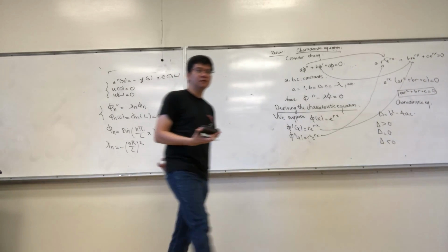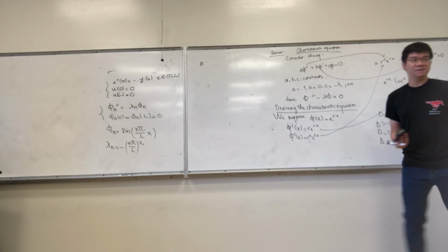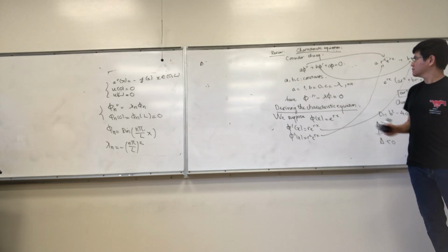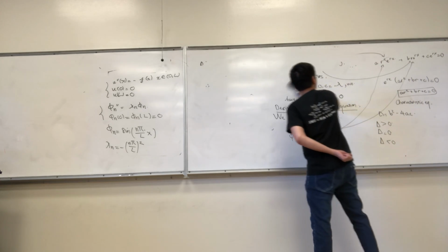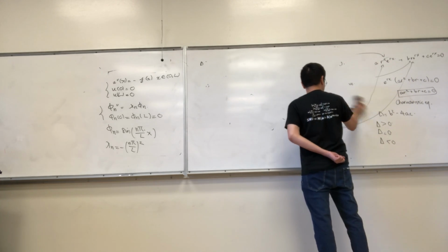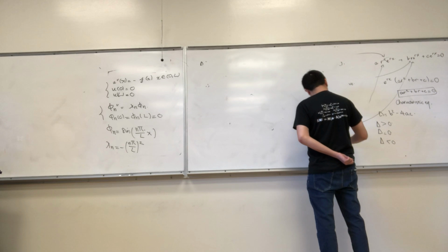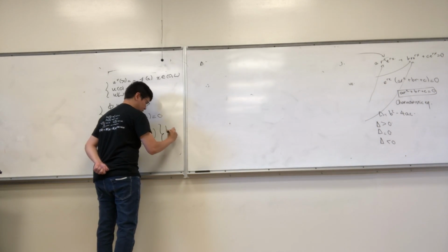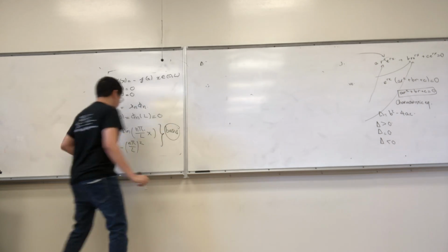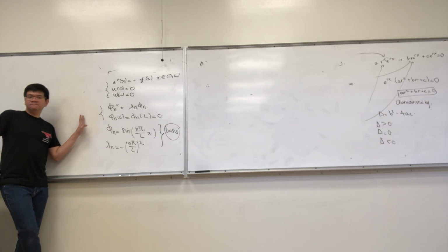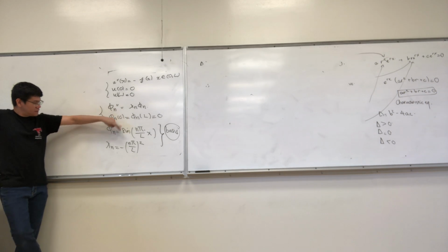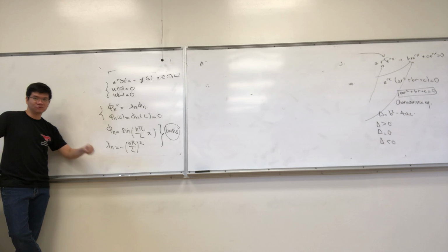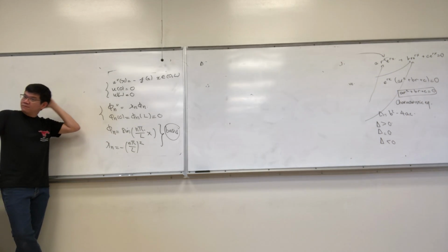So this is the basis that we found, and this is similar to the Fourier series. The basis will be sine of n pi over L x, and lambda n will be minus n pi over L squared. Now, how can we solve this problem?